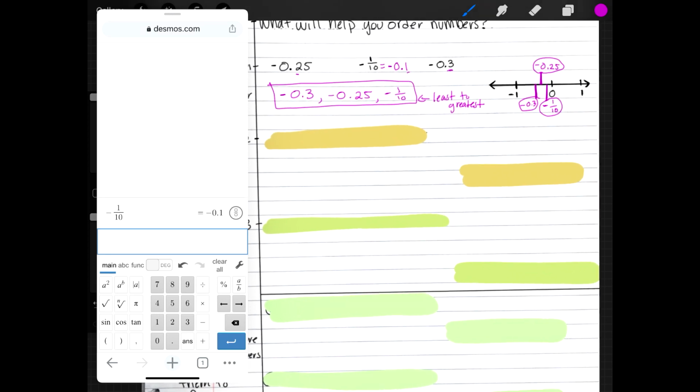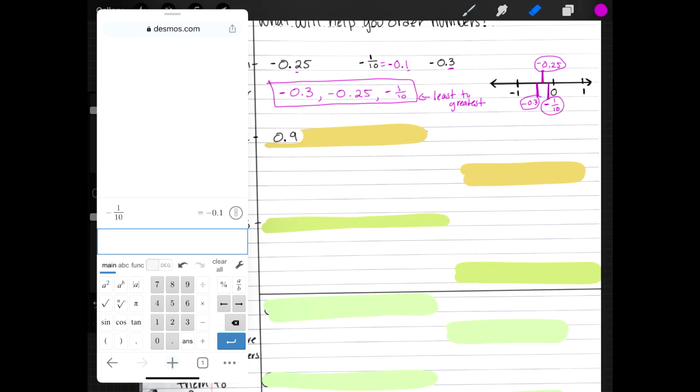Okay, so this is from least to greatest. All right, let's look at the second example. We have 2 decimals and a fraction, so I know that fraction I'm going to have to change it. So let's go ahead and do that. 2 divided by 5 is 0.4, so I know that's 0.4. And then the number line that I'm going to do is going to go from 0 to 2.